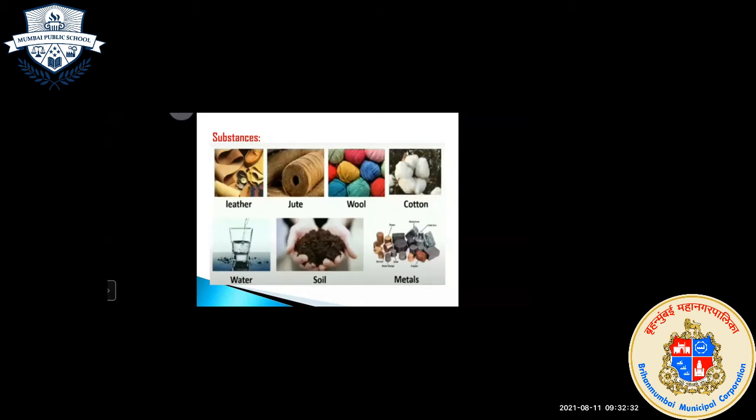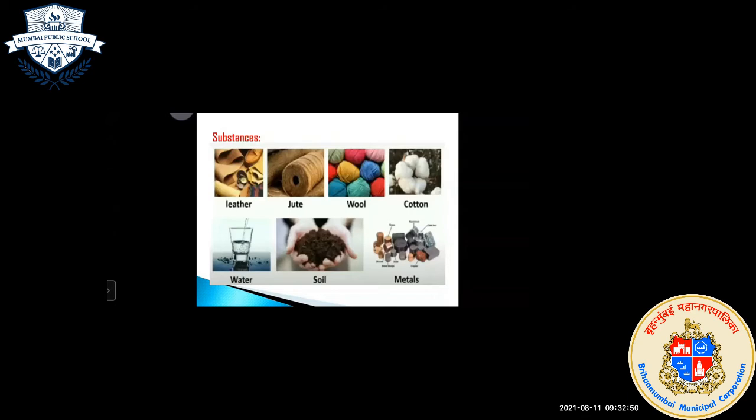So substances are classified as natural and man-made. Again, the natural substances are classified as living and non-living, that is biotic and abiotic. These are the scientific names.